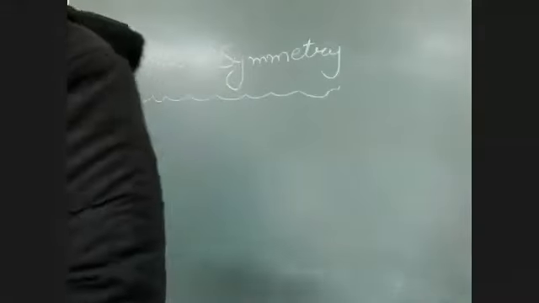Our next part is how we can find the line of symmetry. To find the line of symmetry for a figure, for example, here I have a rectangular shape of paper. Now we find the line of symmetry of a rectangle.